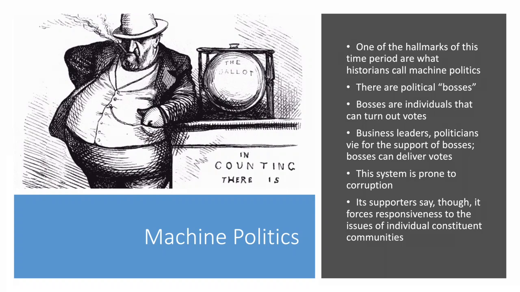And therefore, elections are about making sure your voters turn out so that your voters carry the day at the ballot. So understanding that, we can now understand what machine politics are. Machine politics are the ability to make sure your voters turn out.